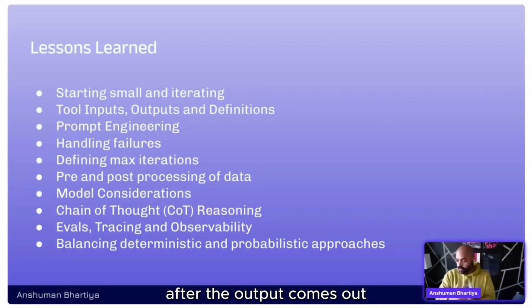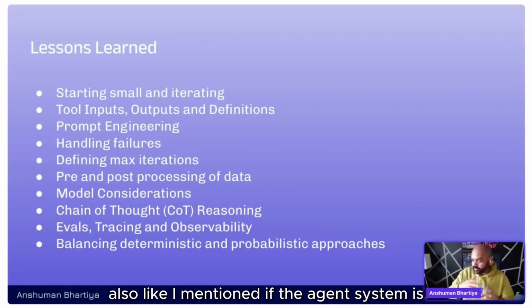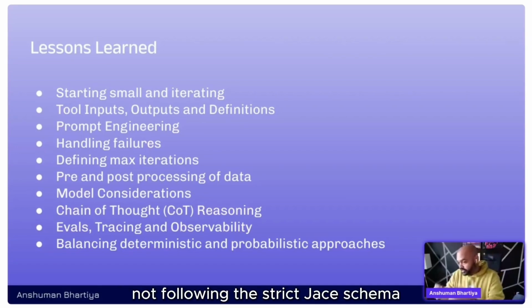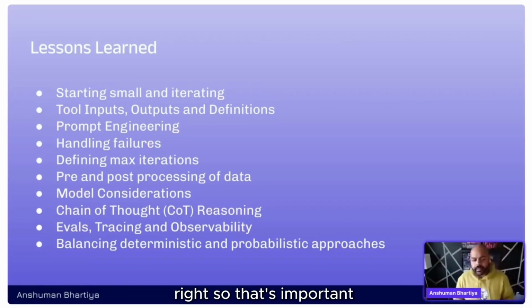And doing the same thing after the output comes out from the LLM. Post-processing involves any data normalization, any correction of the JSON. Like I mentioned, if the agentic system is not following the strict JSON schema, you can implement some post-processing steps where you change that yourself. So that is important.